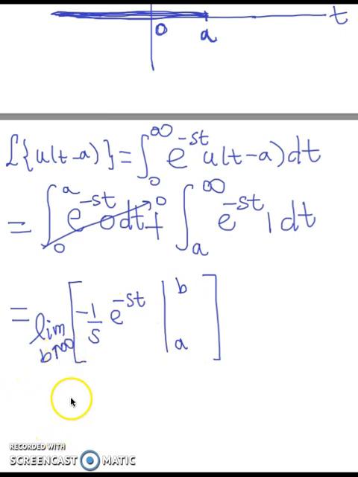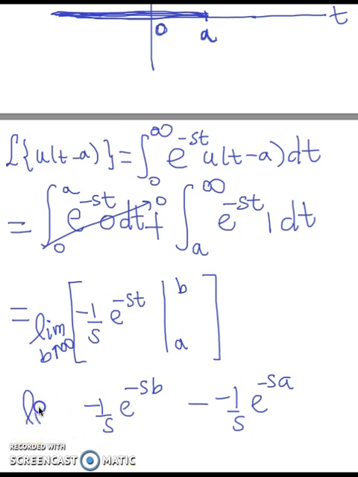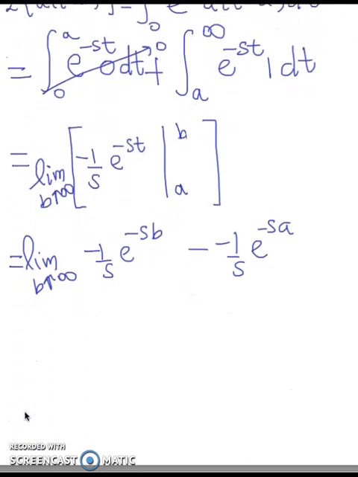In a few extra steps, this will become minus 1 over s e to the minus s b minus minus 1 over s e to the minus s a, taking the limit as b goes to infinity, which means this becomes 0 plus 1 over s e to the minus s a.